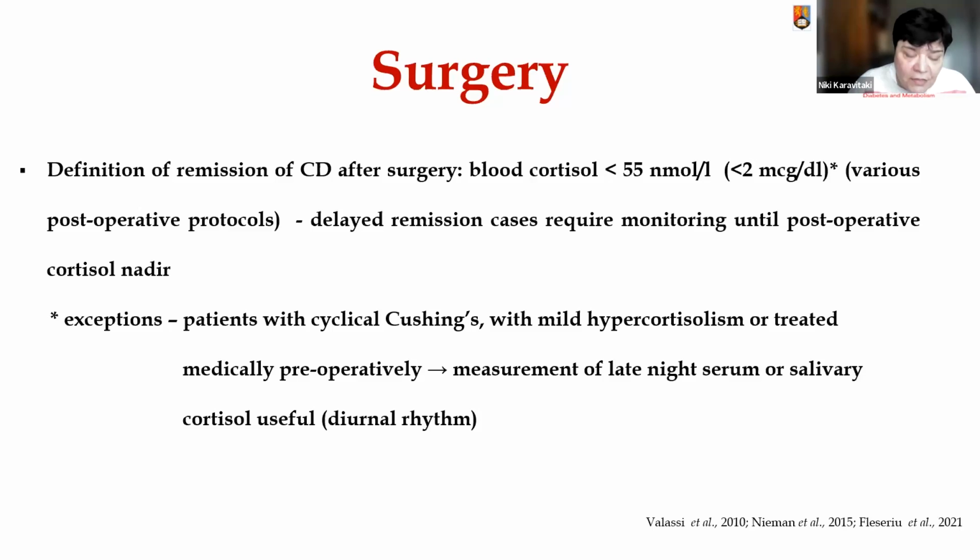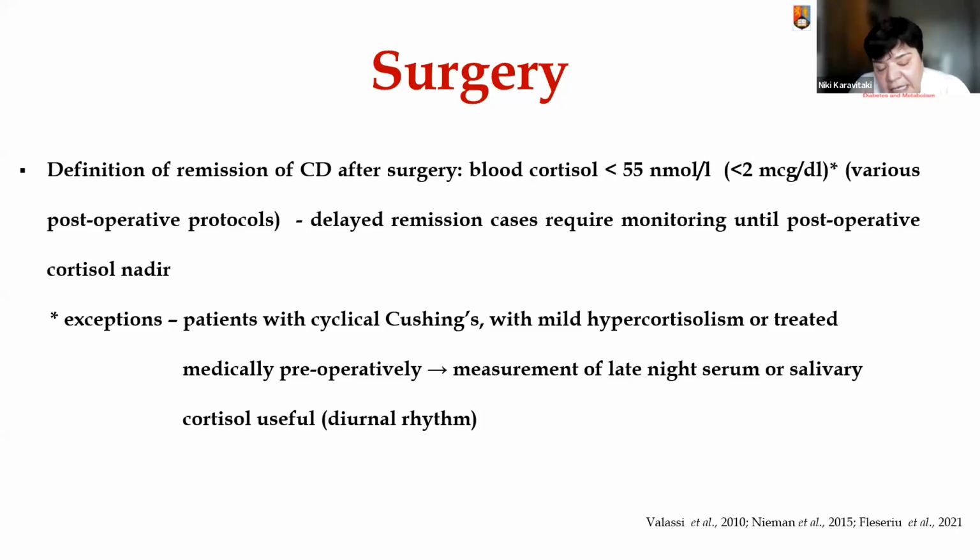We have to remember, though, that there are a few cases in which we have delayed remission, and this requires monitoring until we pick up the post-operative desired cortisol nadir. Now, there are exceptions to this number. There are exceptions which have to do with patients who have cyclical Cushing's, or they have mild hypercortisolism, or they had been treated medically preoperatively.